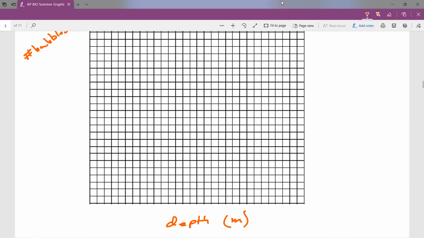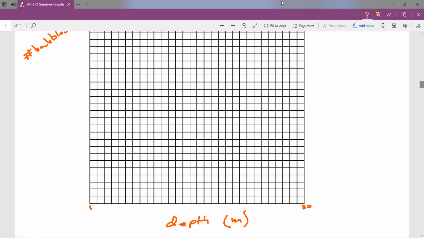So 1, 2, 3, 4, 5, 6, 7, 8, 9, 10, 11, 12, 13, 14, 15, 16, 17, 18, 19, 20, 21 up to 30. So we've got 30 squares. What were we going? 0 to 30. Oh, well, that works very conveniently. We'll go 1 to 30, because actually our first one was at 2, it wasn't at 1. Hopefully I counted right and didn't miss any.